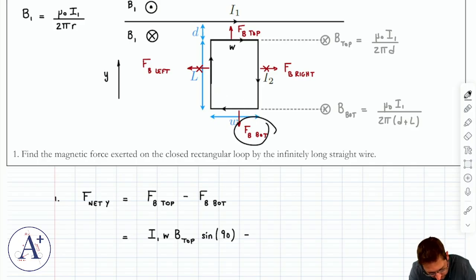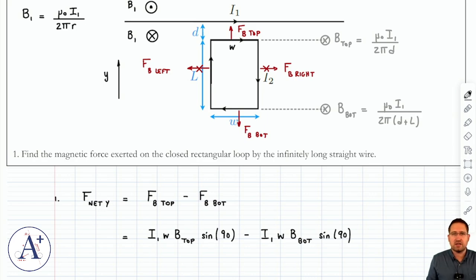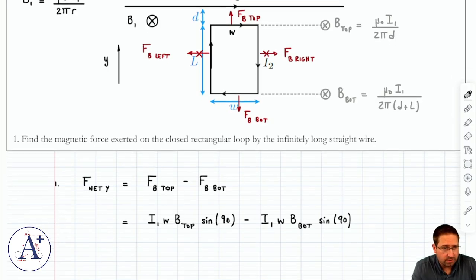and then for the bottom part here, minus, because FB bottom points down, I1, the same length W, however now the magnetic field is B bottom, and then sine of 90 because there's a 90-degree angle between the current and the magnetic field B bottom, which is into the page. Okay, so then we can sub in B top and B bottom, which we know.